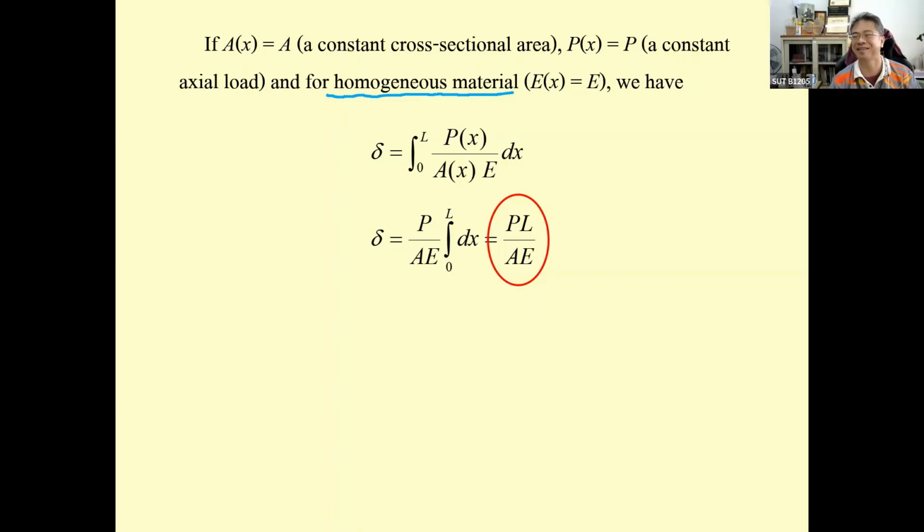We may say again that concrete is not a homogeneous material because it has aggregate and cement. But if you take a look at concrete in the big picture, at the macro scale, concrete can be considered a homogeneous material and has been practically used for hundreds of years.